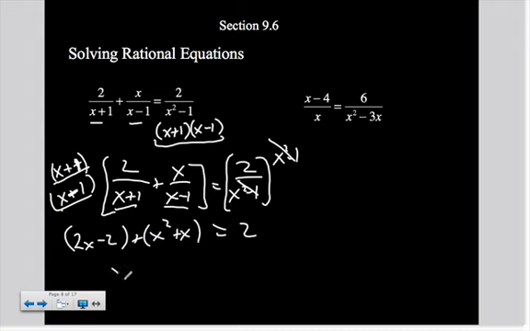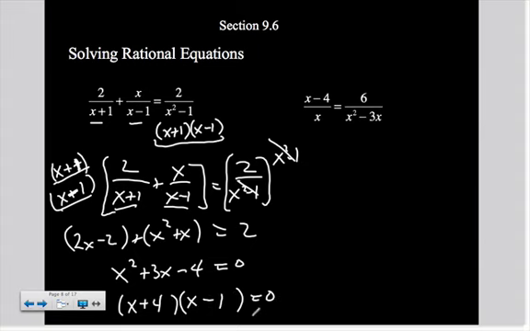And when I simplify, I'll have an x squared. I'll have 2x plus x is 3x. I have a minus 2, but I'm going to also subtract another 2, so that's minus 4 equals 0. Factors of 4 with a difference of 3. So it's going to be x plus 4 times x minus 1 equals 0. So x is equal to 1 and negative 4.